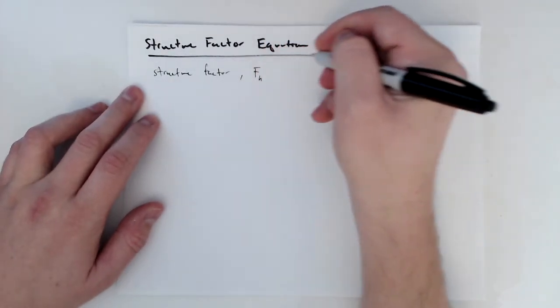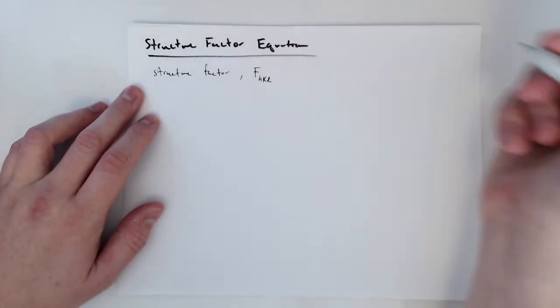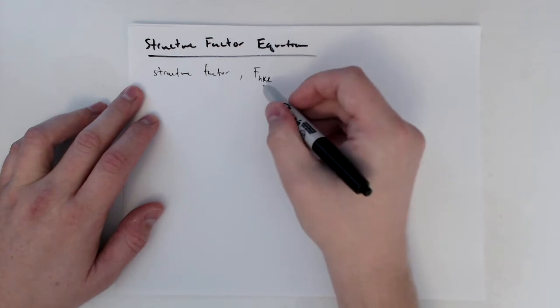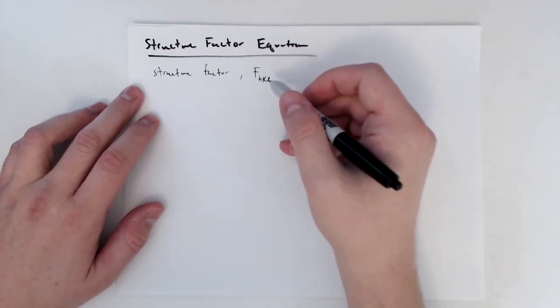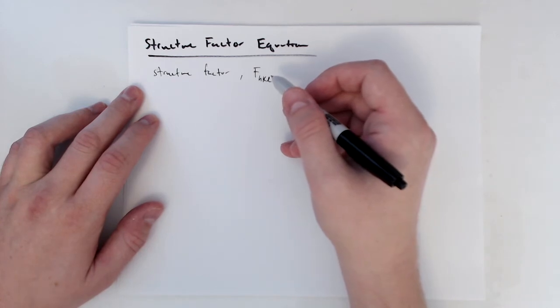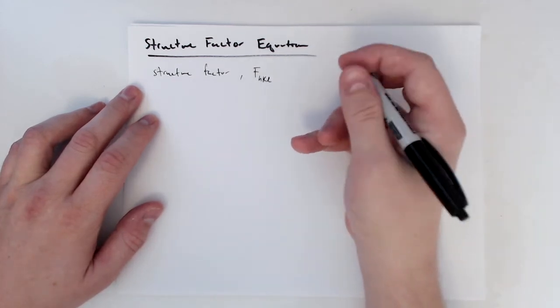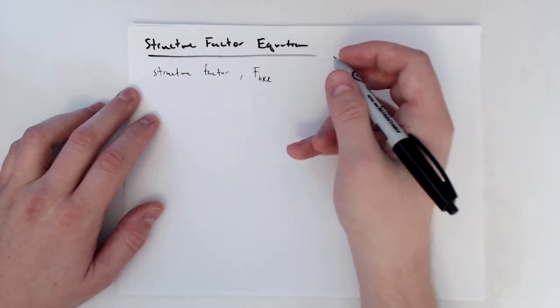This is capital F, and then HKL to denote which plane we're talking about. So this gives us the combined scattering effect of a structure for a given set of planes HKL.